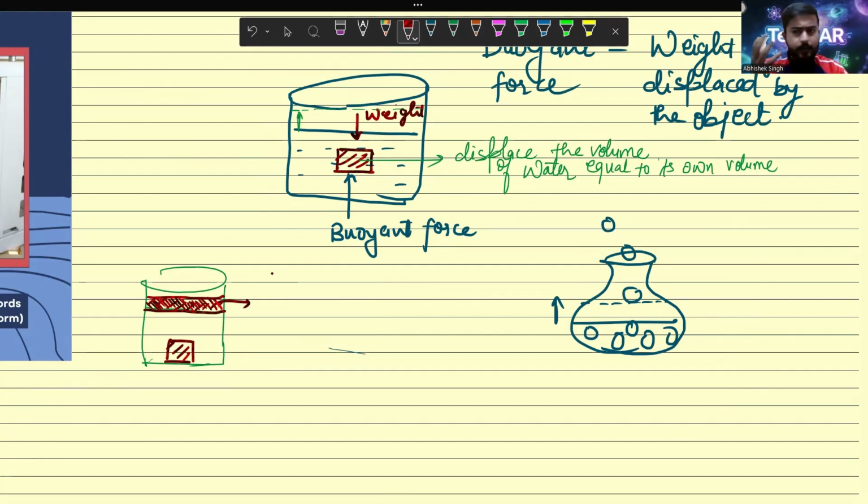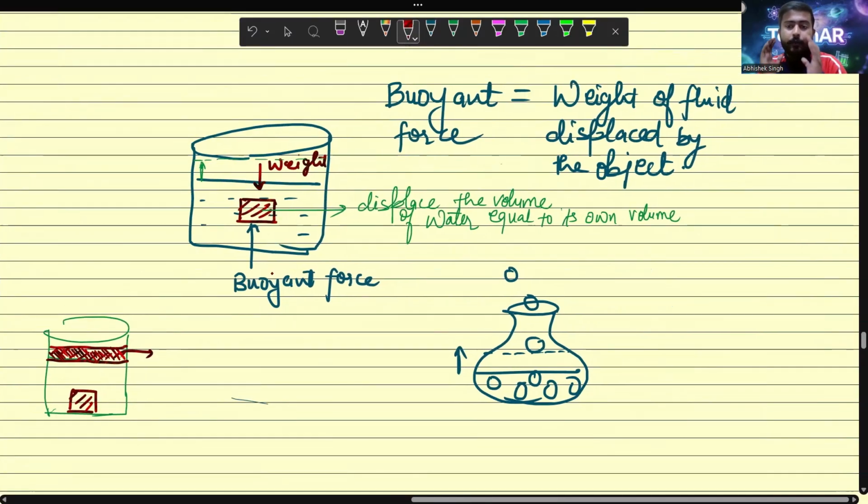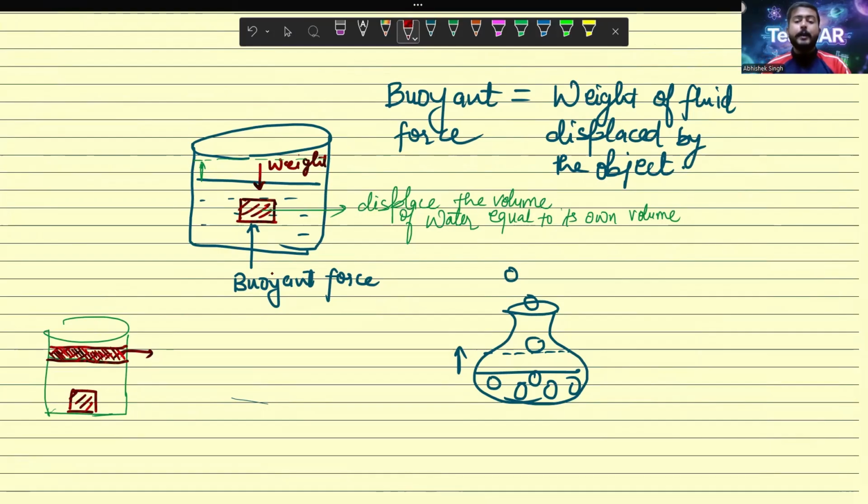Water is matter, it definitely has a mass, and if it has mass, it will also have weight. M is the mass of this amount of water. So the weight of the liquid displaced is equal to the weight of this liquid, and the buoyant force is equal to the weight of that fluid which has been displaced by the object.